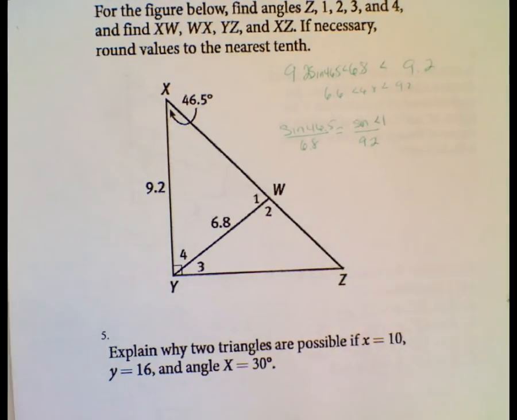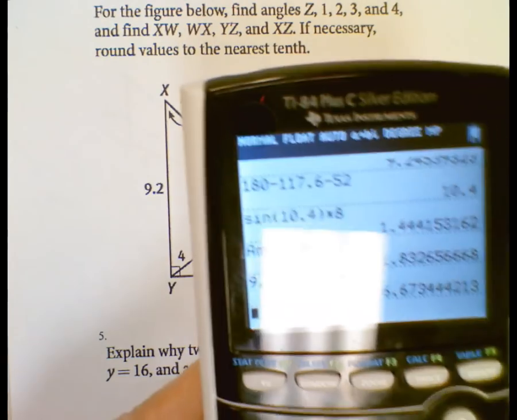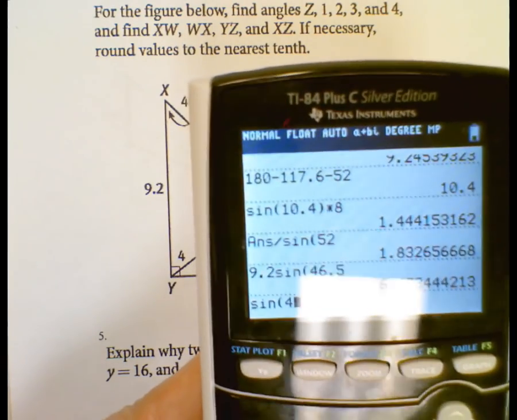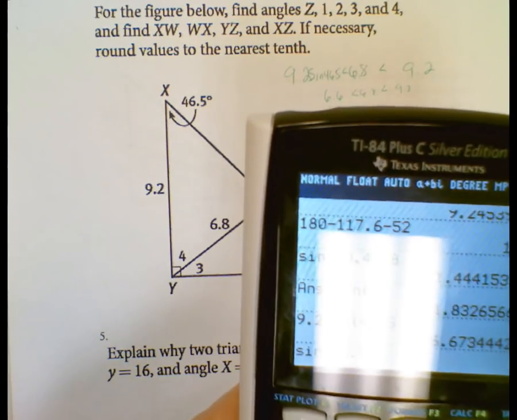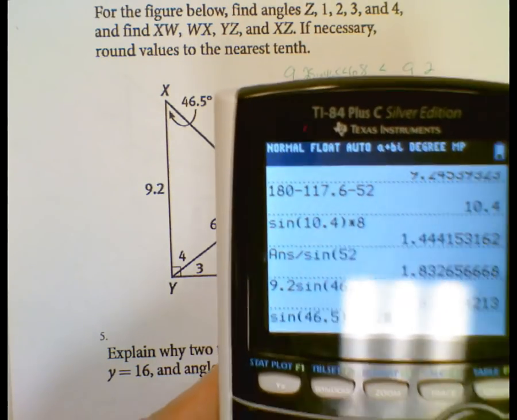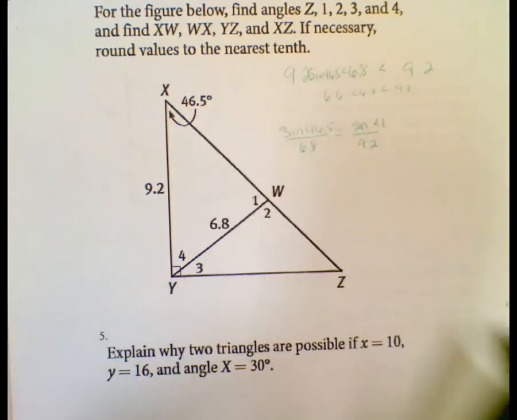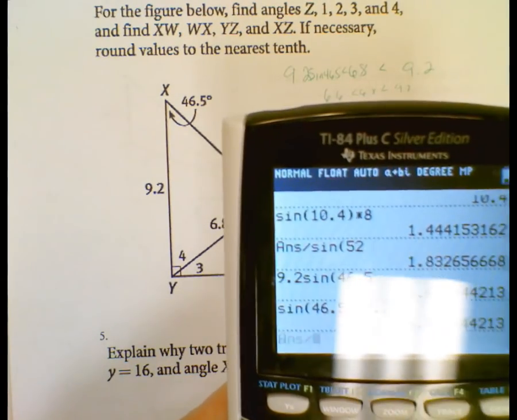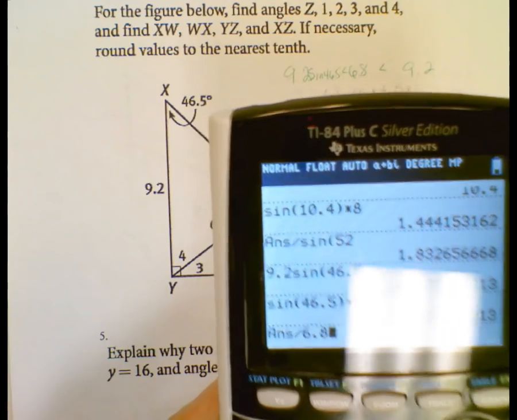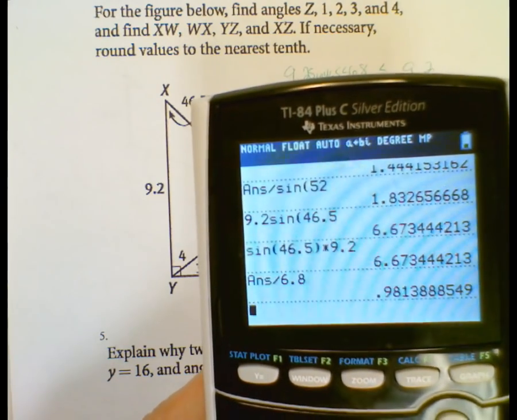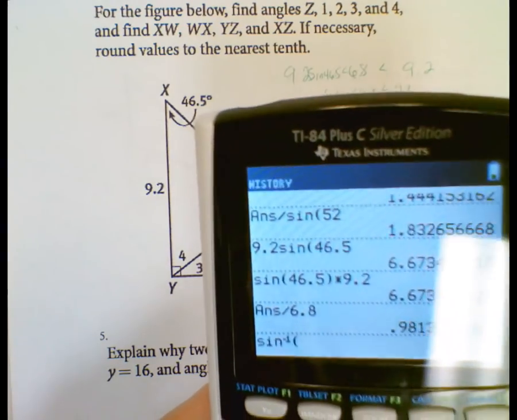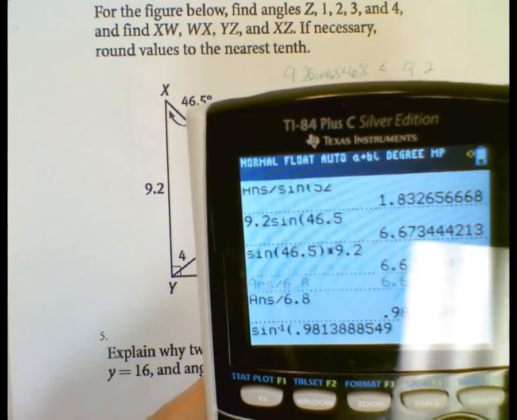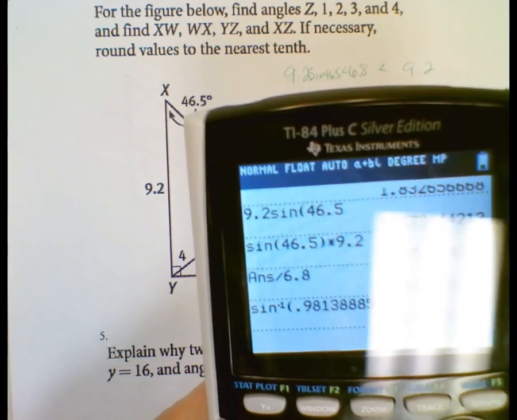So we're going to start by doing sine of 46.5 times 9.2 divided by 6.8 equals this. Now we're trying to find angle 1, so we're going to press second sine of the previous decimal. Angle 1 is 78.9.